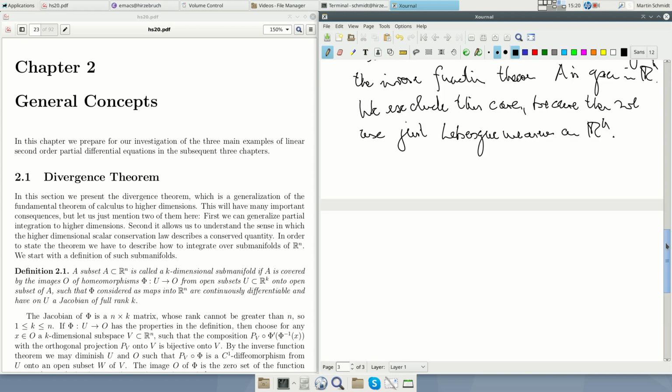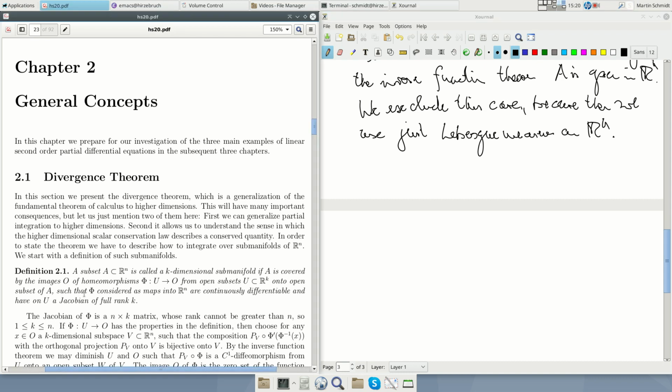So we are interested in that k is really in between 0 and n. But okay, this is now our situation. The condition is that on the full domain of definition of phi, the Jacobian should have rank k.